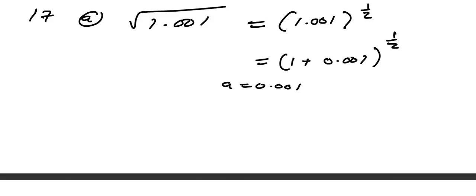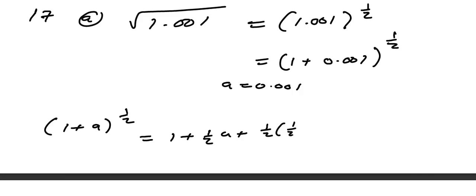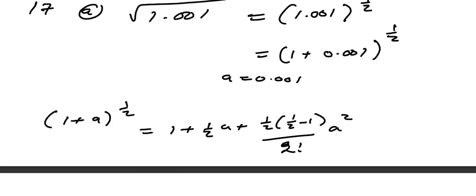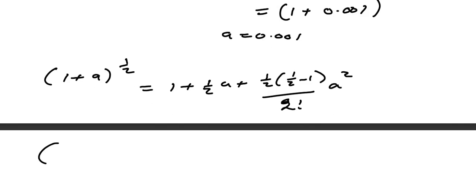So now what we are worried about is 1 plus a to the power half. We expand it, this gives us 1 plus half a plus half times half minus 1, over 2 factorial, times a squared. So this is just where I'm going to end. This is the same as 1 plus 0.001.